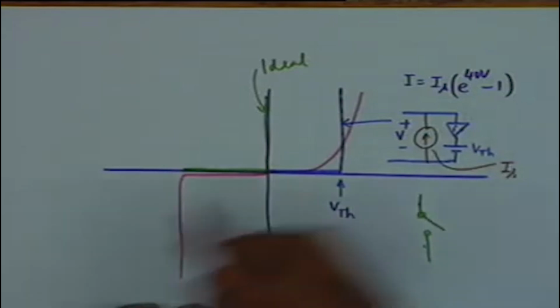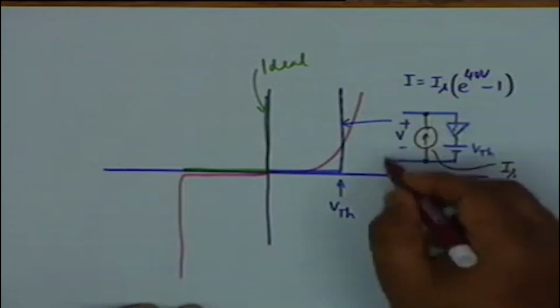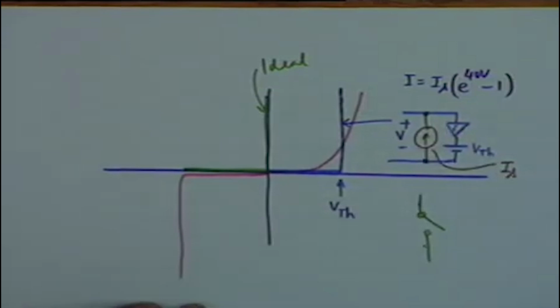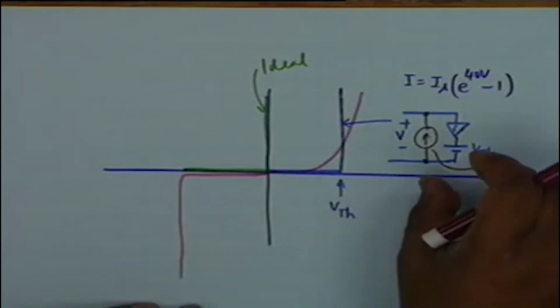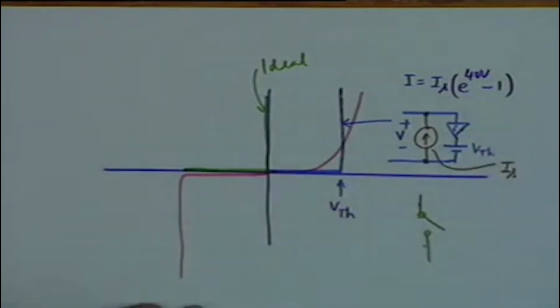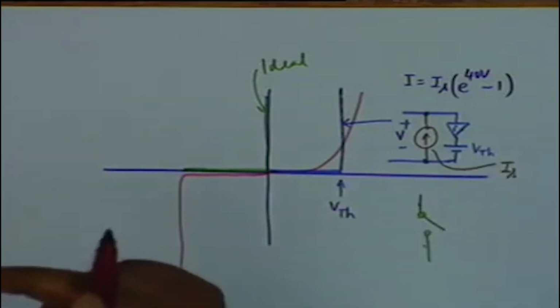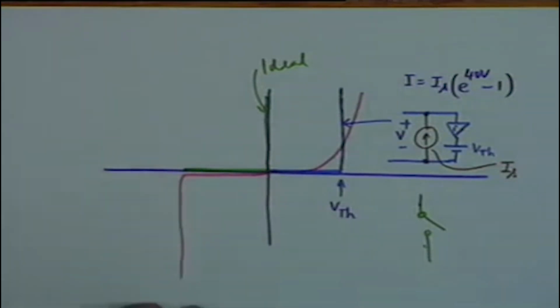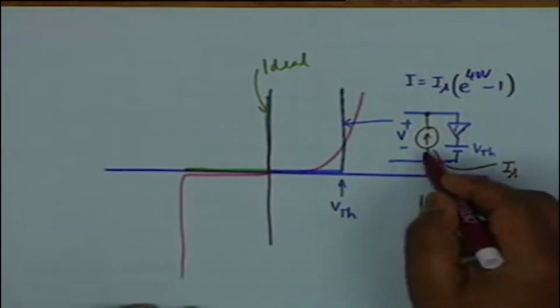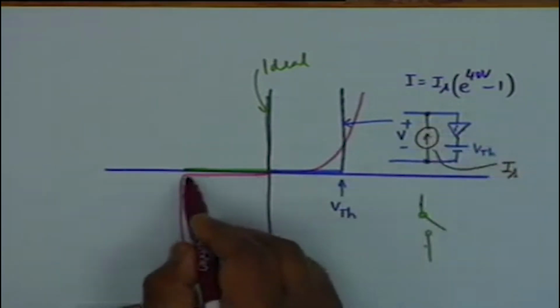This accounts for a practical diode. This is a good model for a practical diode when the diode is still thought of as a switch in the forward direction. In the reverse direction the current is almost a constant.